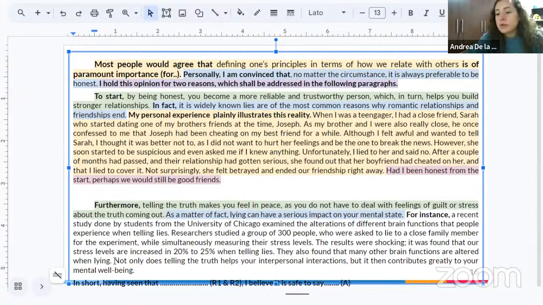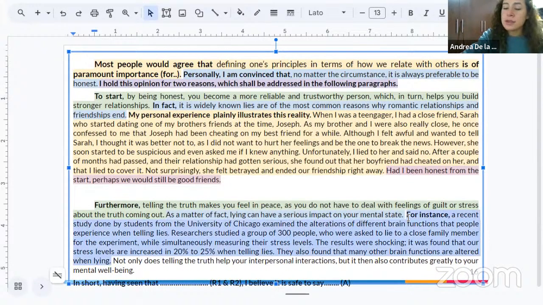Okay, so this would be my closing idea, and I don't know if you guys noticed, but I'm relating it to the previous paragraph as well. I'm saying, not only does telling the truth help your interpersonal interactions, but it then also contributes greatly to your mental well-being.